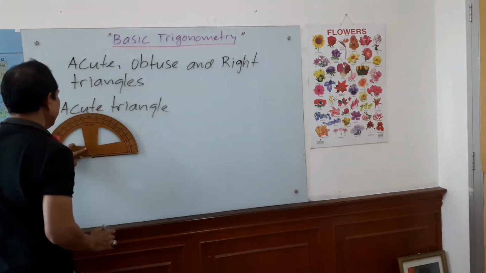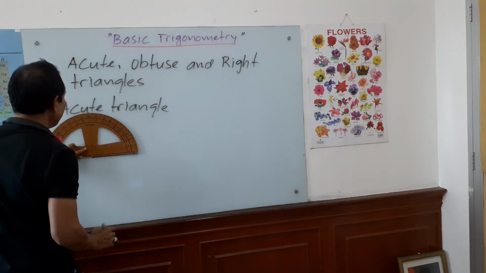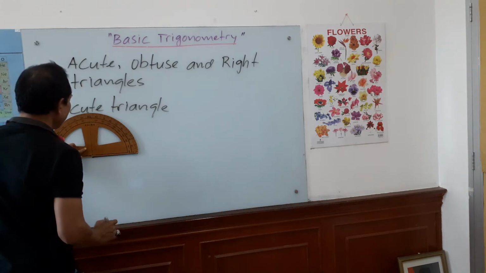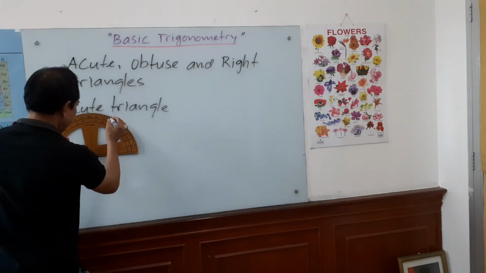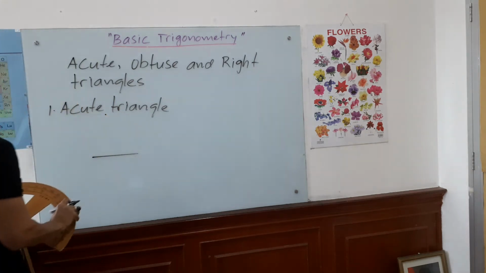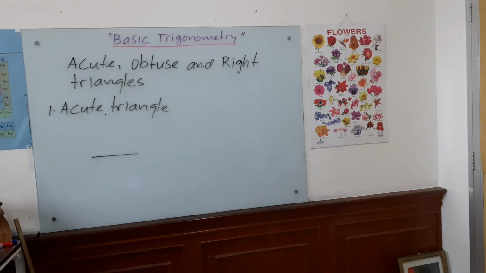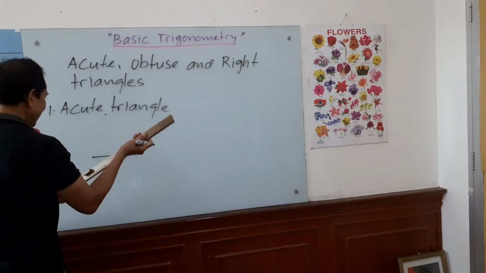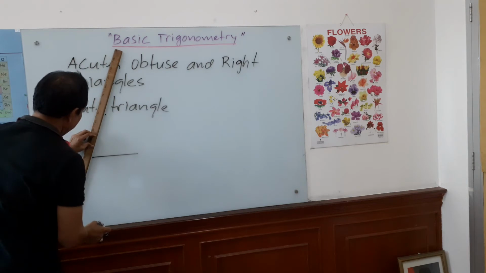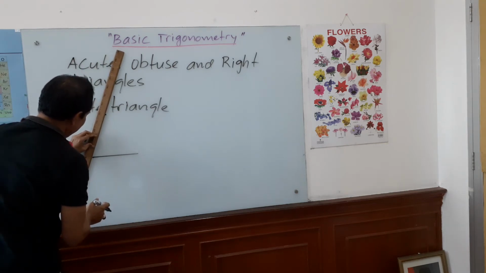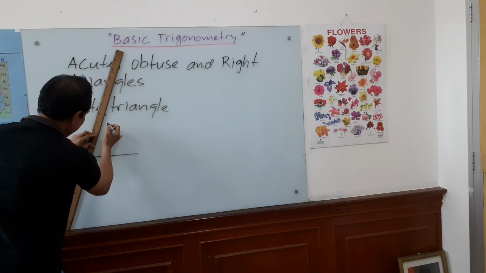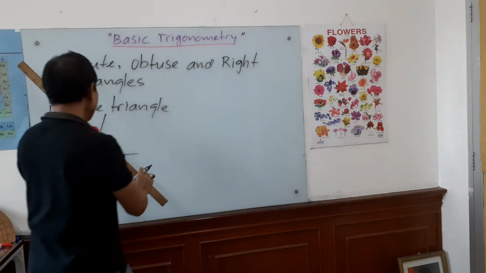Now because this is an acute triangle, we want to make sure that it is smaller than 90. So let's take this one. We put it here. It's 70. Now we connect this point to our first point. All right. And this one.